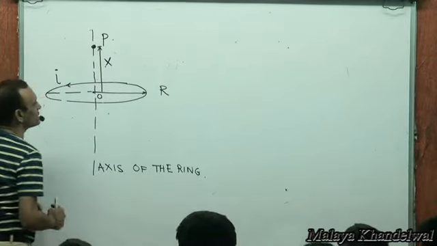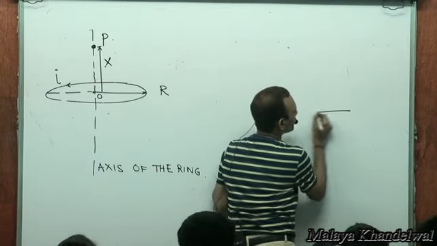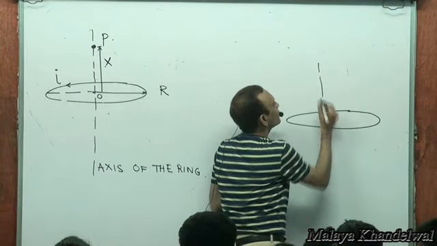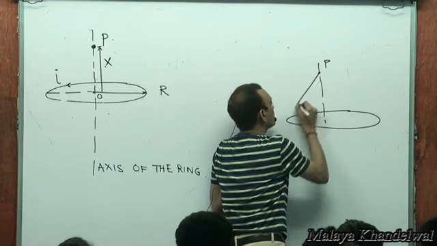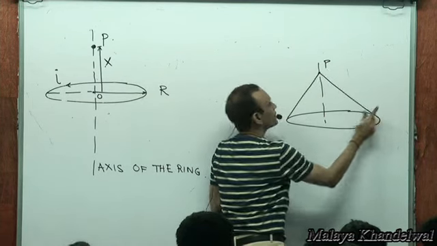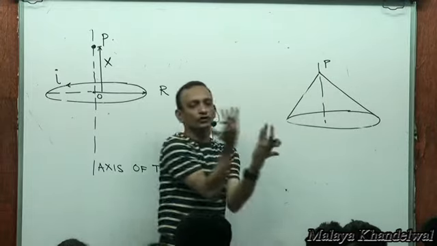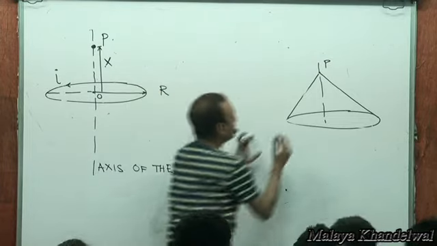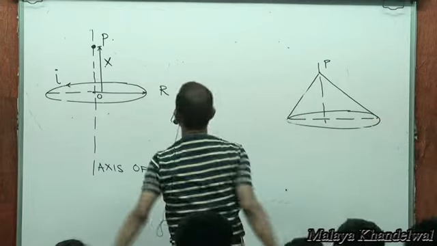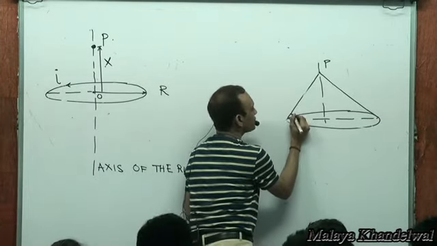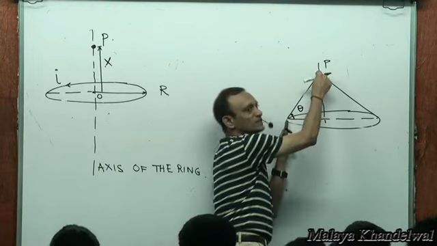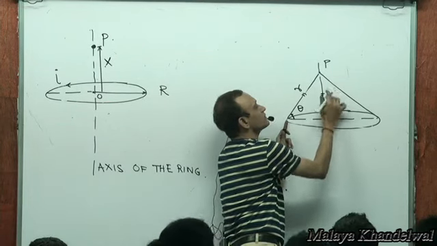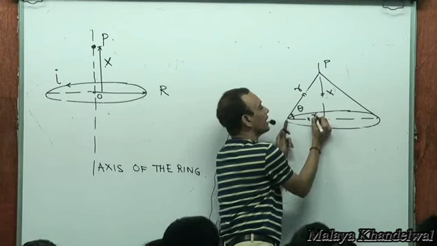And also notice one very simple fact, that if this was the ring, if this was the point P, then notice that this along with these would generate a cone. There would be a cone generated out of this, isn't it? And say this angle is theta, this would be the slant height of the cone, small r, this is x, and this would be capital R, the radius of the ring.